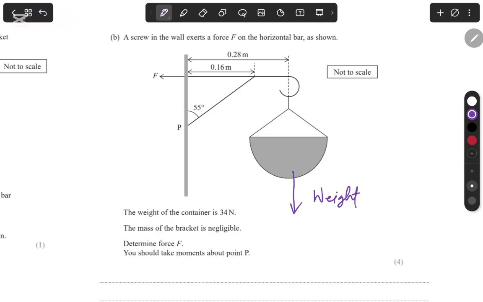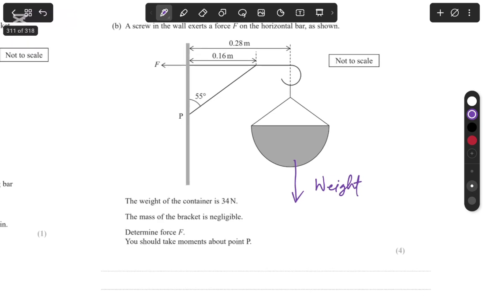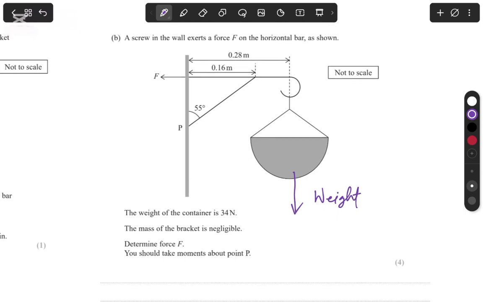And then what we need to do is find the perpendicular distance. So the perpendicular distance from the pivot to the weight, we know that is 0.28 meters.